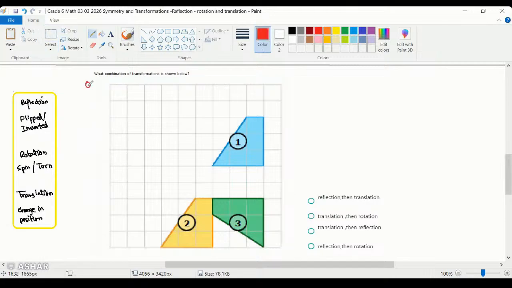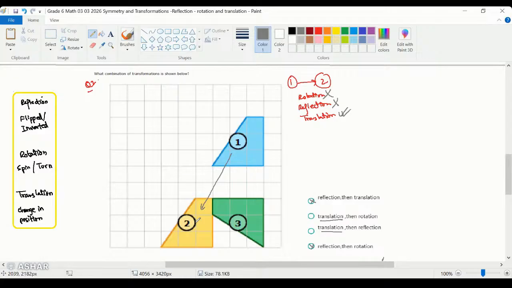In question number 2, if you're moving from 1 to 2, we had rotation, reflection, and translation. Can we see a change in direction? No. When we are moving from 1 to 2, only change in position, right? That means translation is possible. First option, last option is not possible.